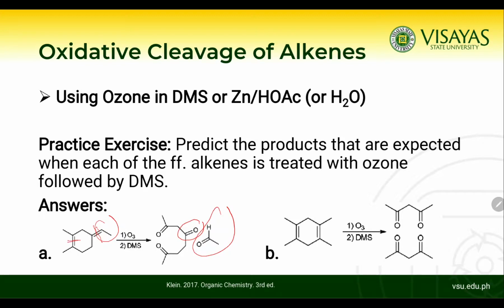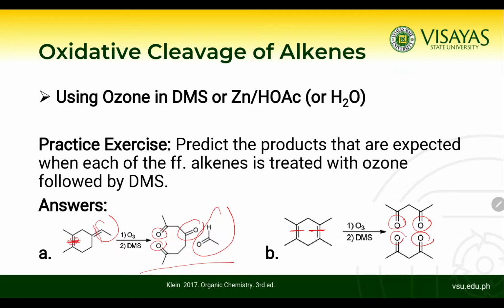Here, since it is a cyclic structure, after oxidative cleavage, the ring opens. Then, we add our oxygen atom on that part and of course, on the bottom side. So, this is now the products. Okay, we have two structures. For letter B, this opens, this opens. Okay, then we add our oxygen on top and oxygen on the bottom.